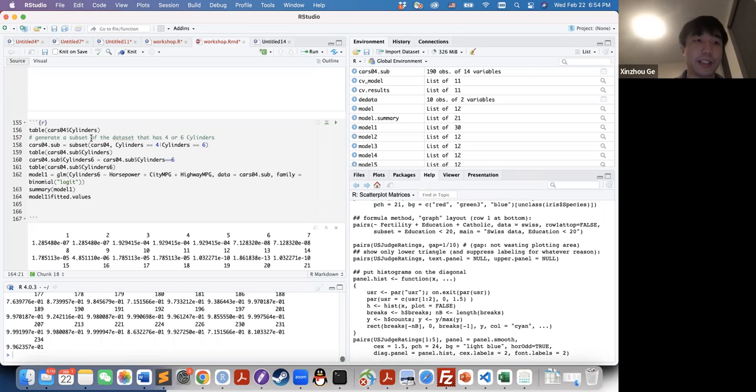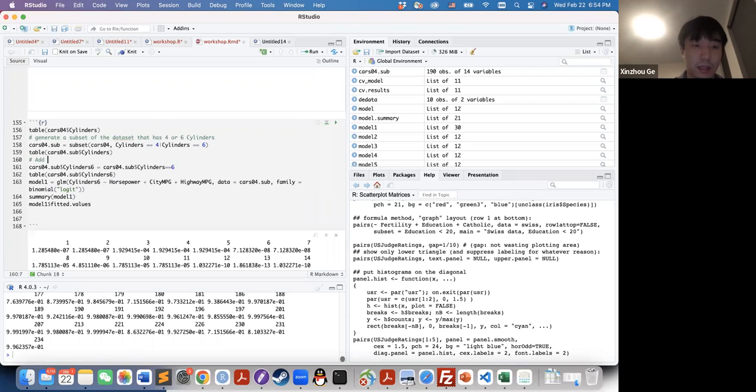First, we need to generate a subset of the dataset, and then we need to add an extra column indicating whether the number of cylinders is 6 or not.